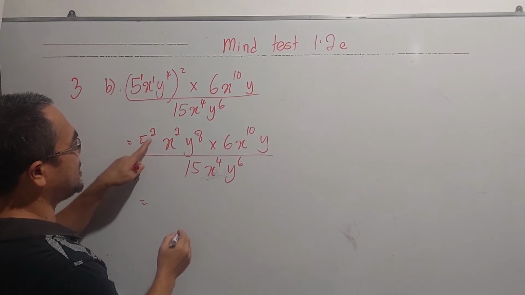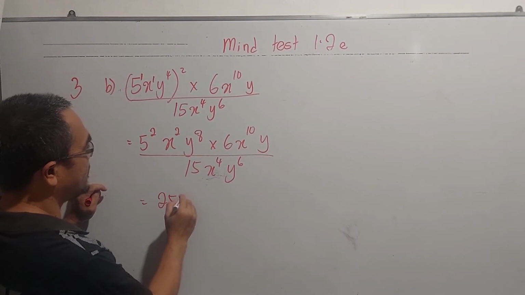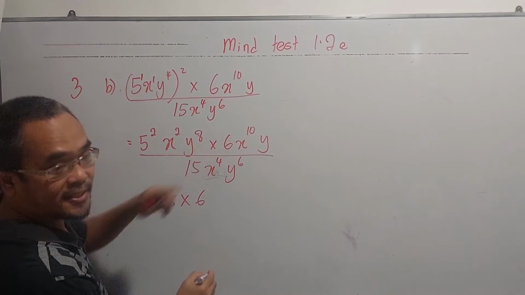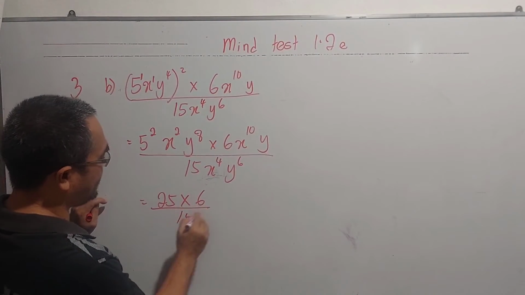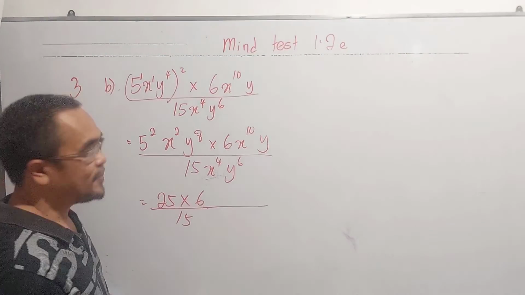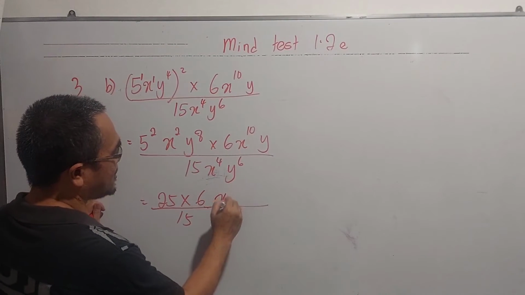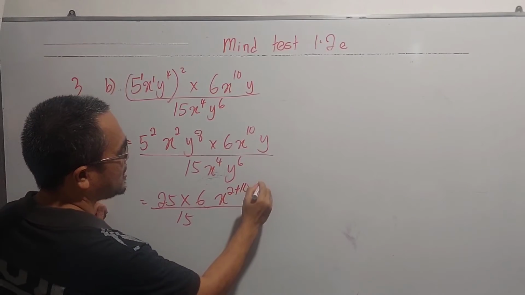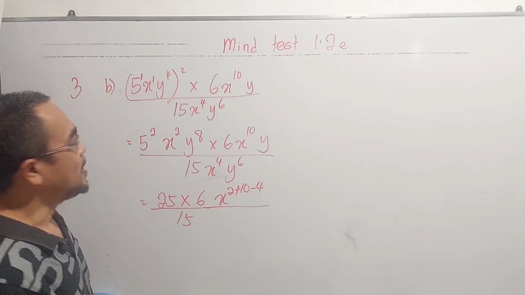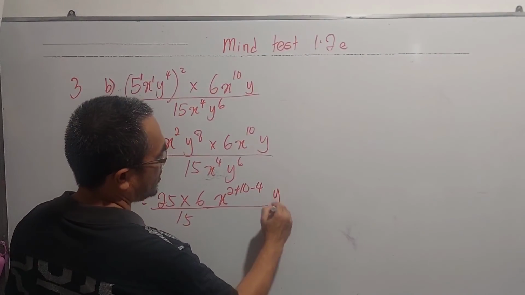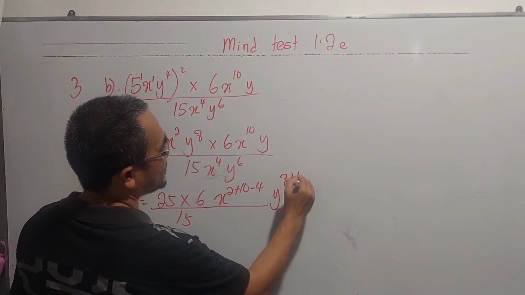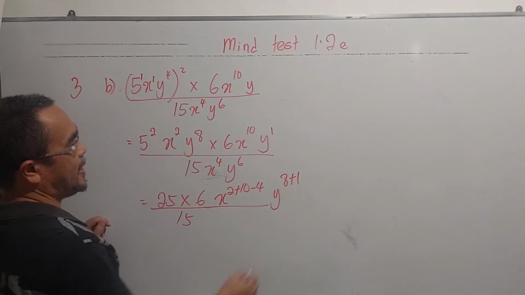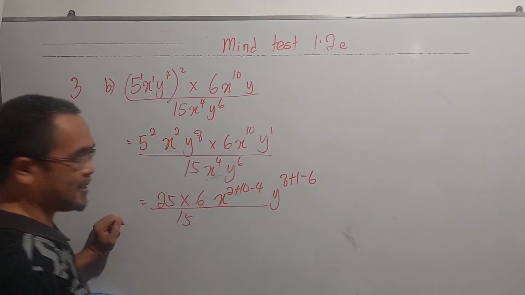And then this is 25. This is 8, this is 6, and this is 15. Okay? Right. Then all the x, 2 plus 10 minus 4. You understand? Alright. Then the y, power of 8 plus 1, 1 here, and then minus 6.